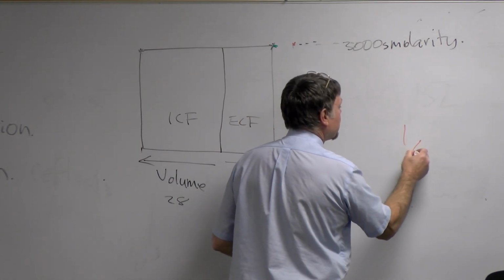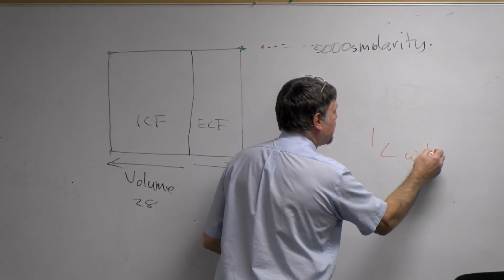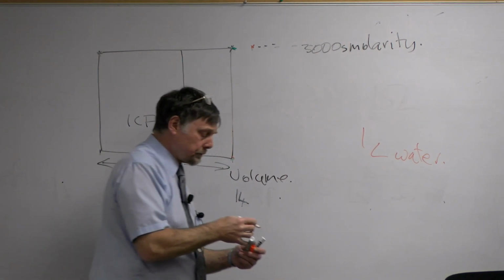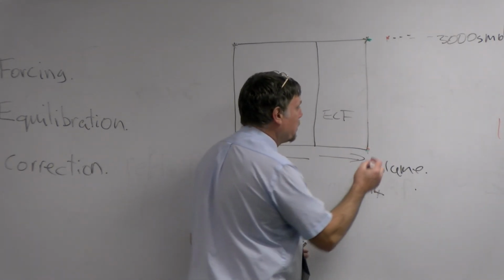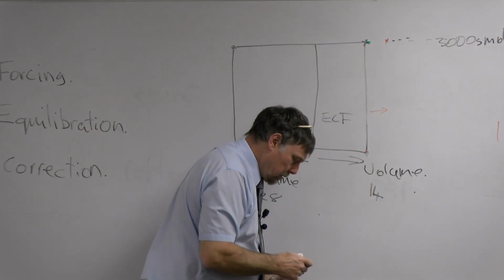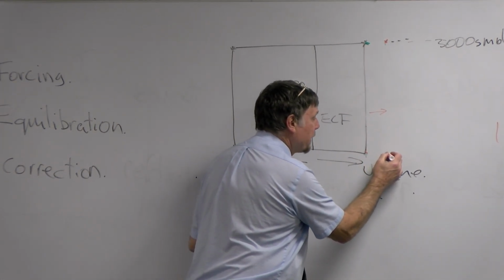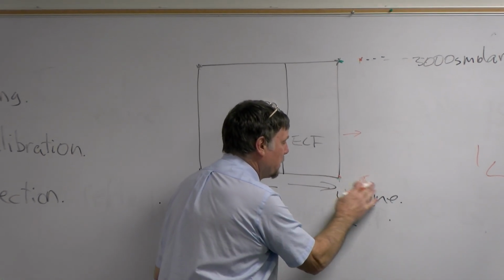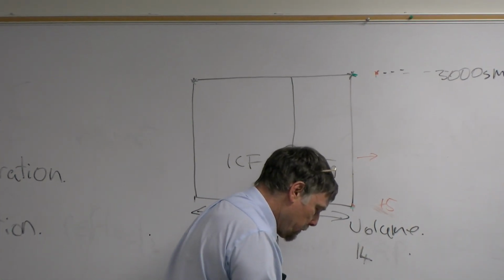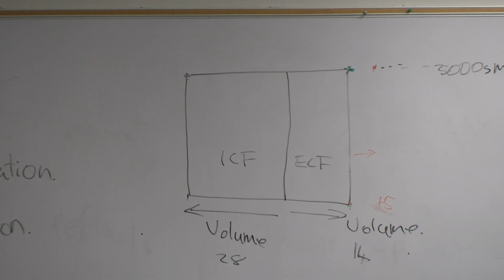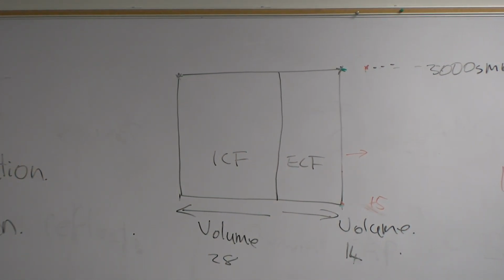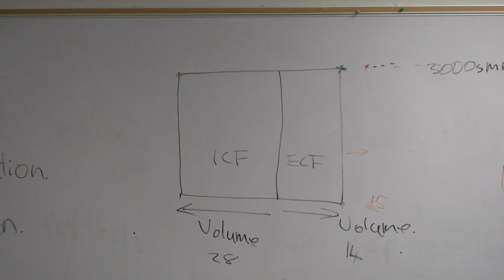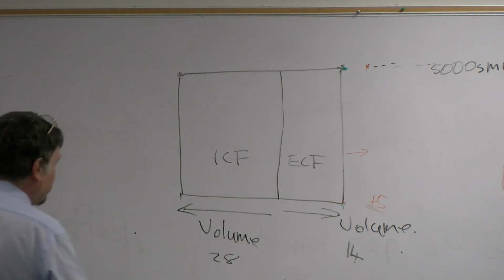We can do this in stages. If we drink a liter of water, initially it would want to go to 15. So what happens to the osmolarity? Down. It's got to go down. And so I'm going to do an intermediate position here.